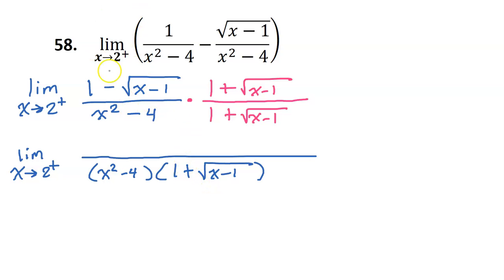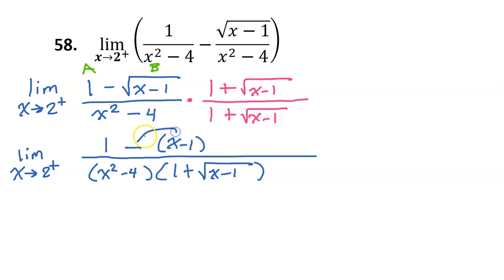In the numerator, the whole point of multiplying by the conjugate is that you're going to get a squared minus b squared, where this is a and this is b. So a squared will be 1. Be very careful here. B squared makes the radical go away, but I have to put the x minus 1 in parentheses. So this is a squared minus b squared.